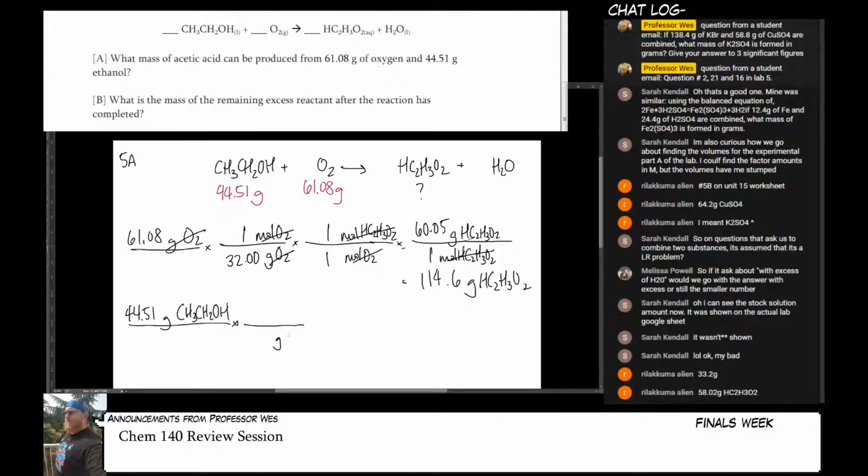So now we're going to go down to ethanol here, and we're going to turn that from moles into moles of acetic acid.